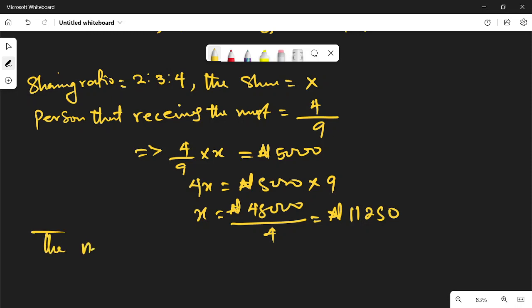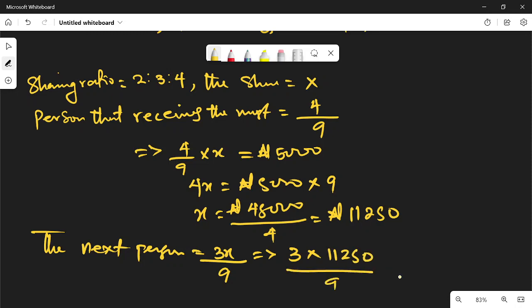So the next person is going to be 3x all over 9. So 3x over 9, that's the same thing as saying what? 3 times 11,250 divided by 9.